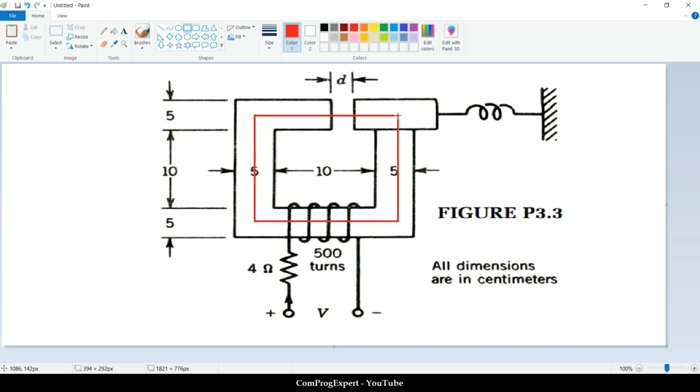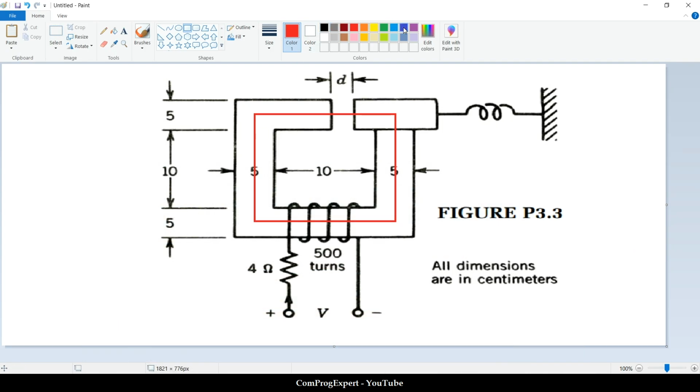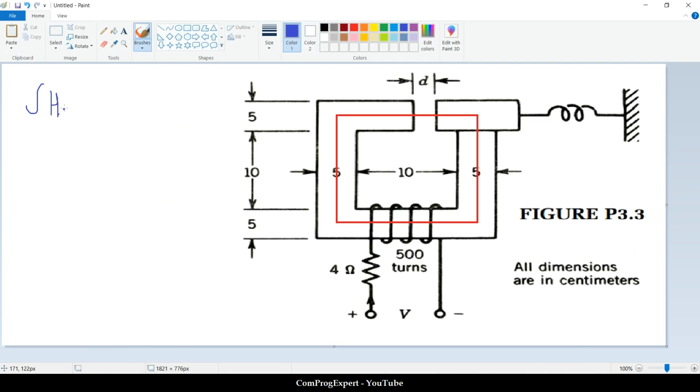We can consider this average flux path in the core, and if we write this equation, integral of H dot dl equal to Ni, we can write, like before, H in the core, l in the core, plus H gap, l gap is equal to Ni.